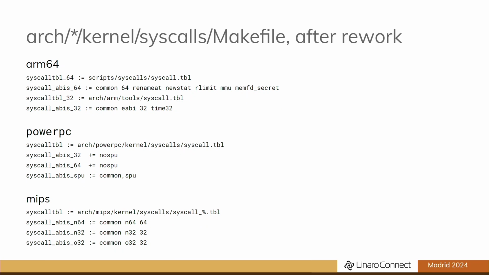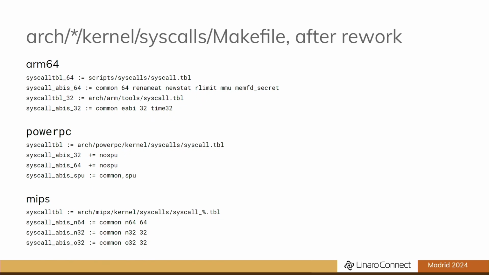So I have made a common makefile that gets included automatically. And then you just have one new makefile that contains a couple of lines that are easily understandable, even if you do not know how the k-build system works. So you just define variables.